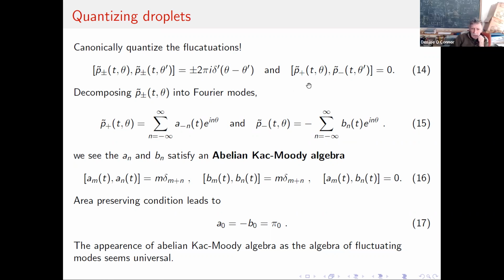Yes, where your p plus will turn out to be essentially like your current, a primary of weight 1, and all of these things such as Sugawara, etc., will actually go through for this. And when I say abelian, I simply mean that in general, a Kac-Moody algebra would also have currents appearing on the right hand side, multiplied with a structure constant f^abc. So that f^abc is 0. That's all I mean by abelian Kac-Moody. Okay.